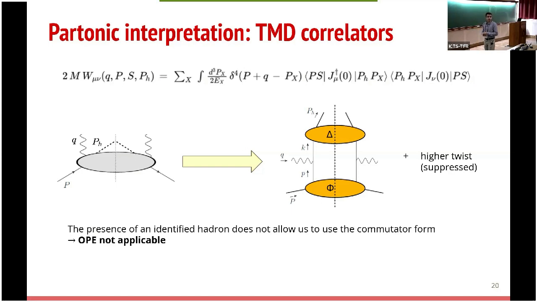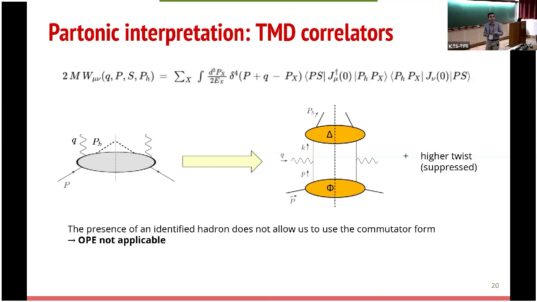Unfortunately, the operator product expansion is not applicable to this hadronic tensor because of the produced hadron, because here you have PX in the ket and PX in the bra. So those states there prevent you from using a completeness relation, and they don't allow you to construct a commutator. So you cannot really have a light-cone dominance applied to a commutator.